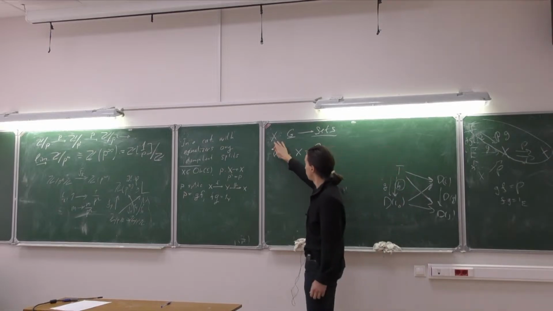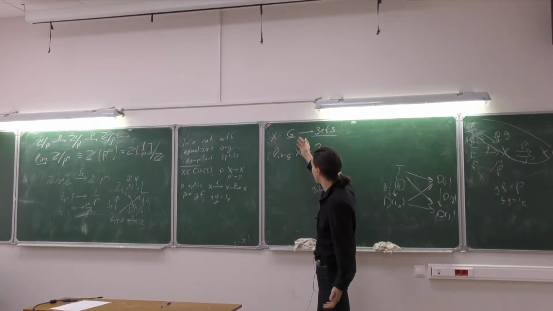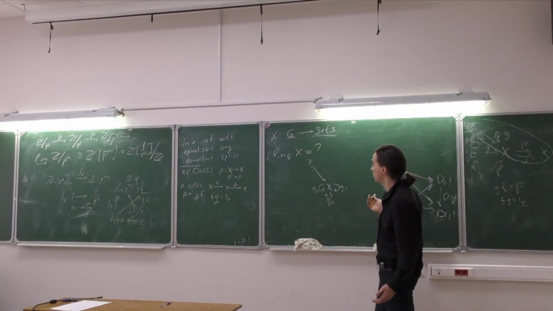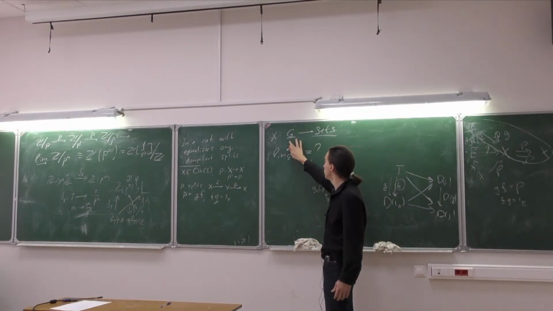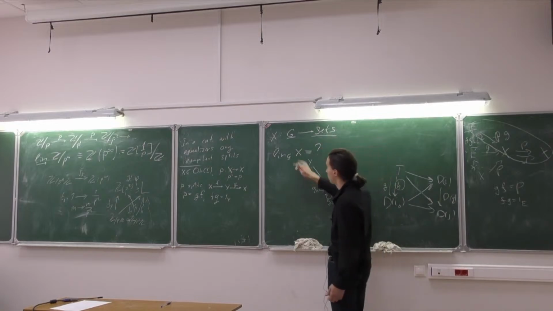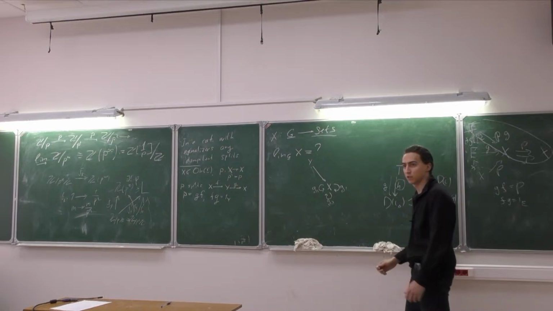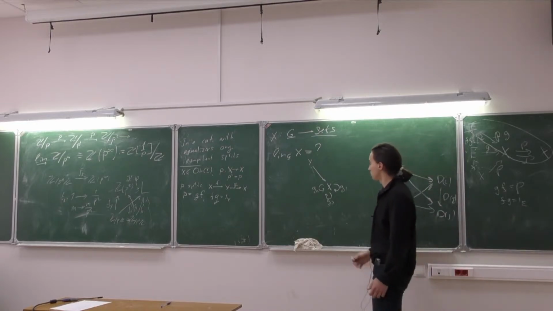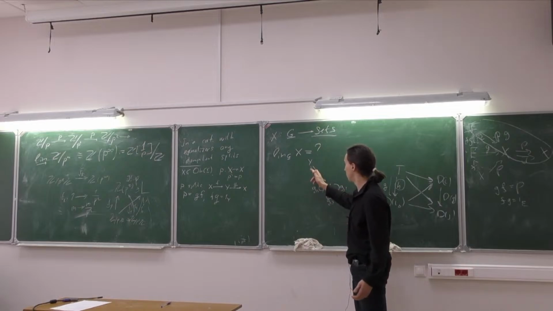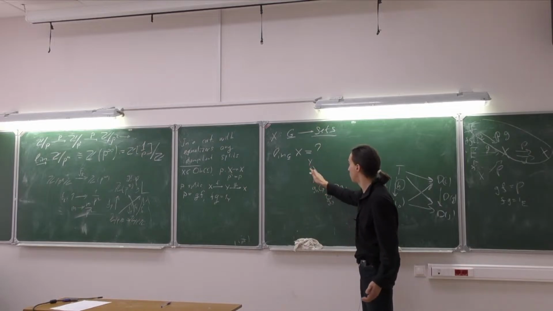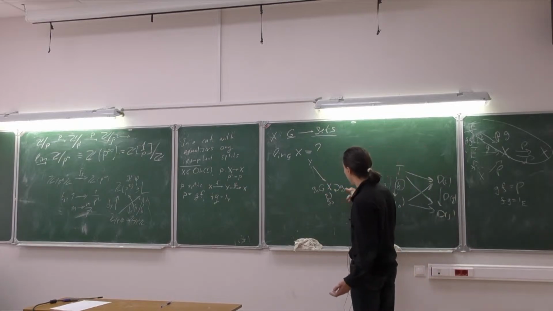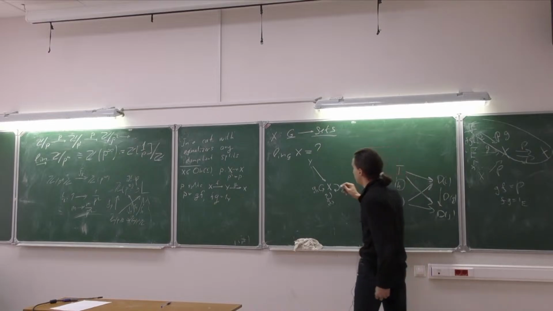To give a functor from the category G to the category of sets is the same data as to give an action of the group G on the set X, where X is the image of the unique object of this category. So the cone over this diagram is a set Y and a single map from Y to X, which commutes with all the actions of G in the following sense.